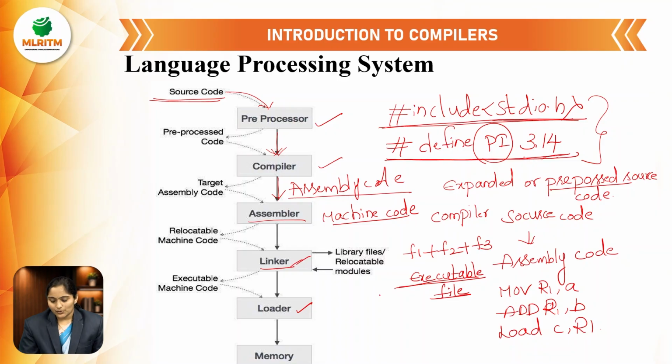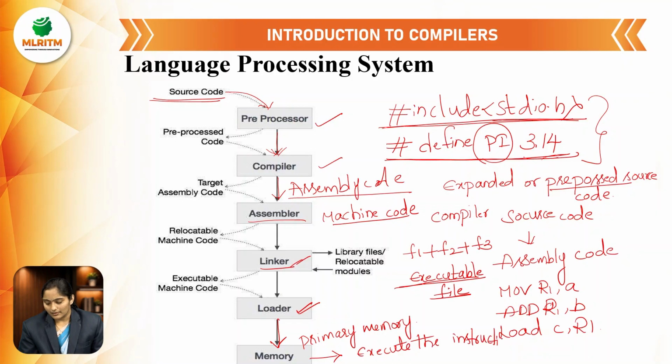So the job of the loader is to load the programs from secondary memory to the primary memory, so that from the primary memory the CPU can easily execute the instructions. And we get the output.